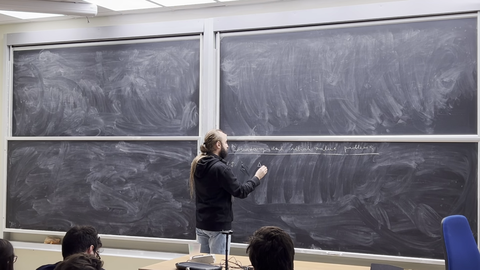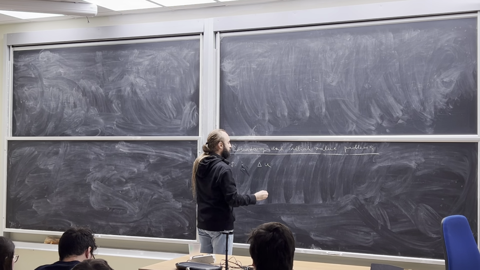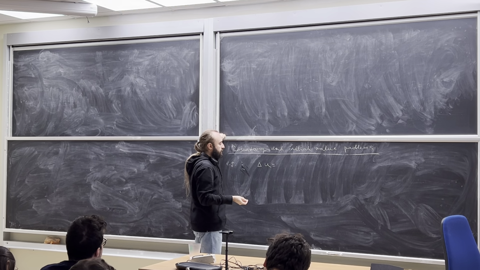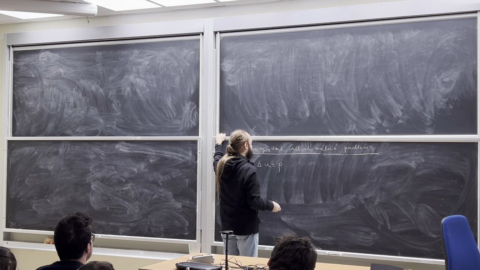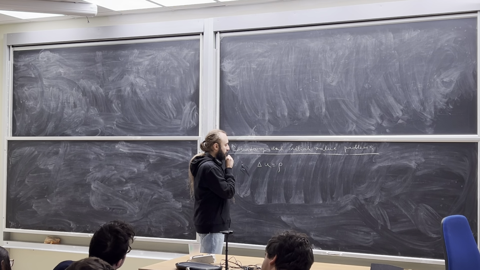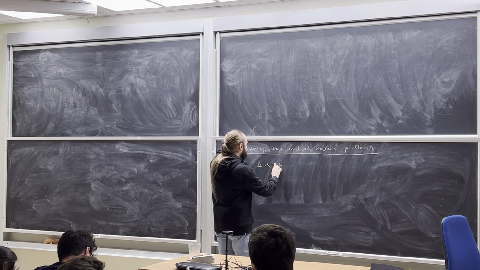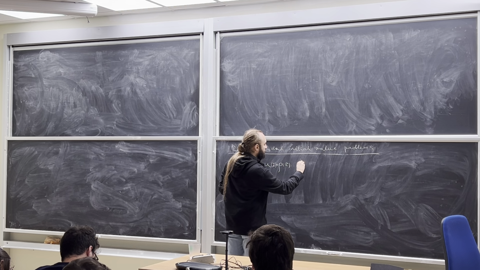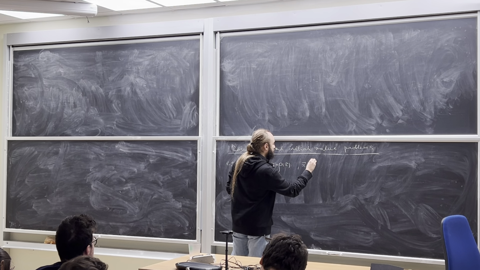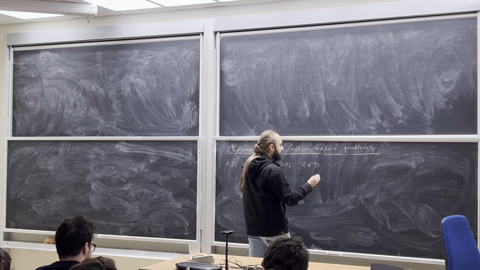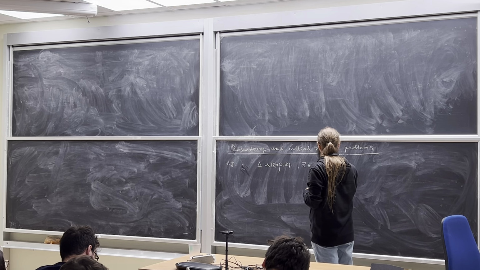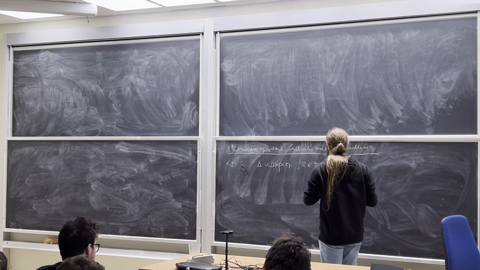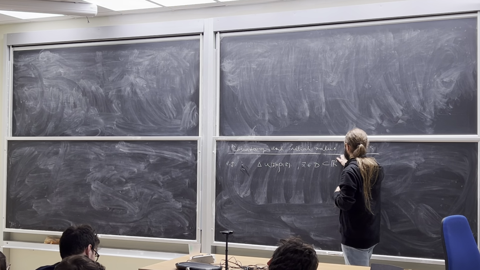The Laplacian of u equals rho. Let us put Laplacian u of x equals rho of x. This holds for x in some domain of R^2, or R^n in general.